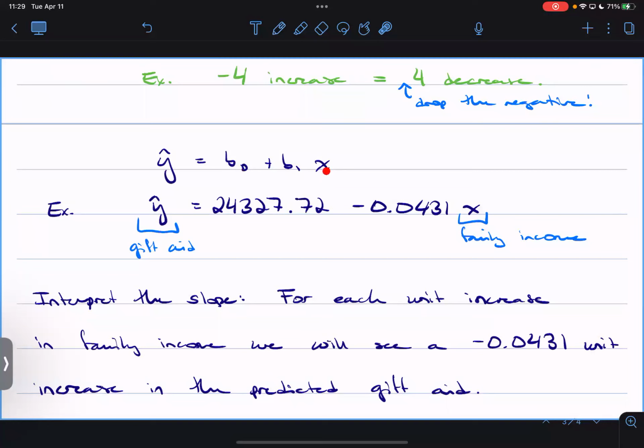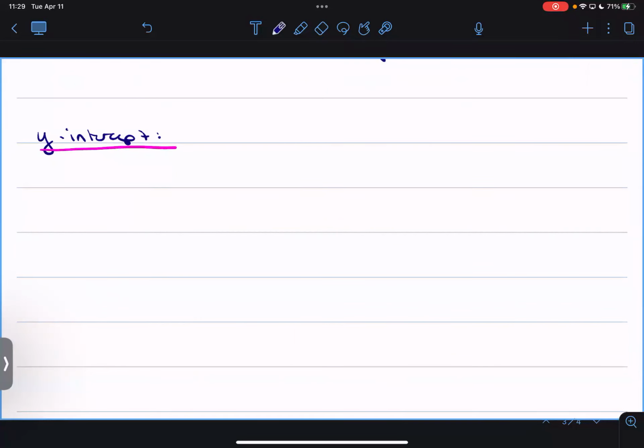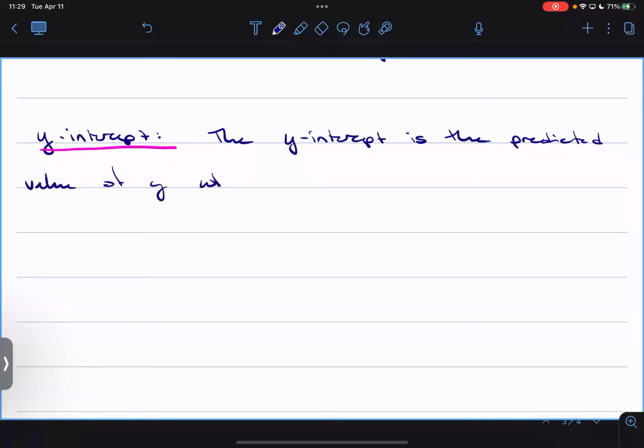So if I set X equal to 0, then the y-intercept is the predicted value of y, and that is the interpretation of the y-intercept. So the y-intercept is the predicted value of y when X is 0. Okay.